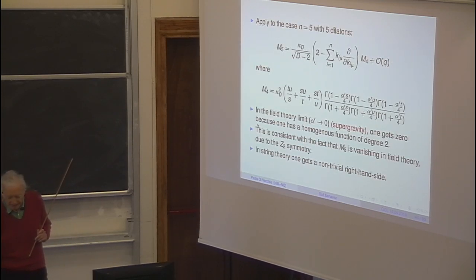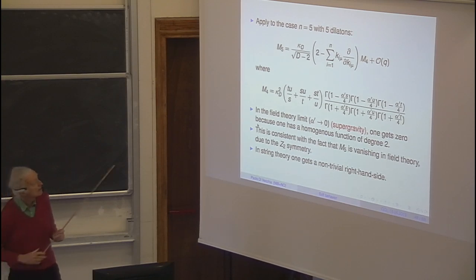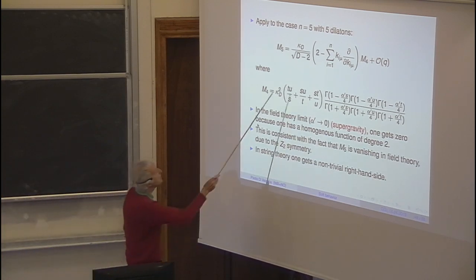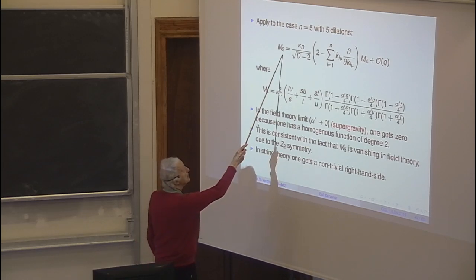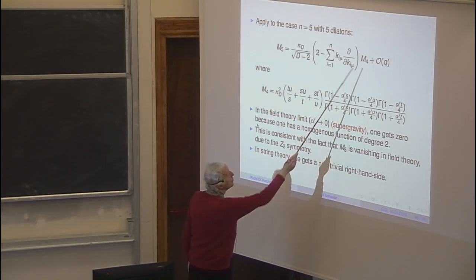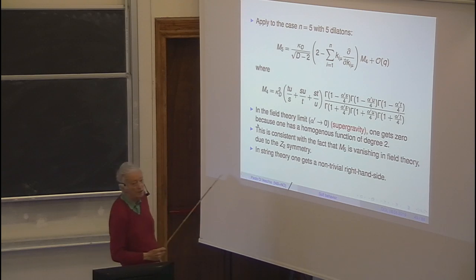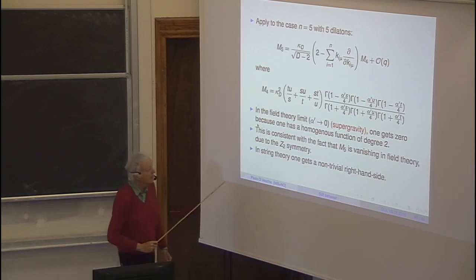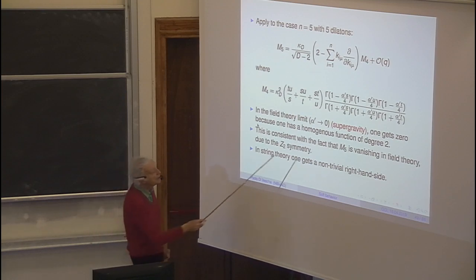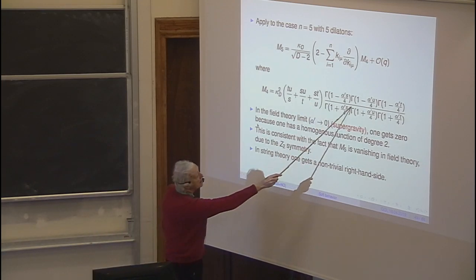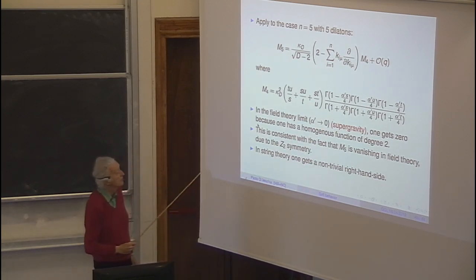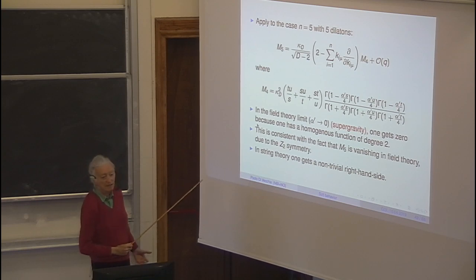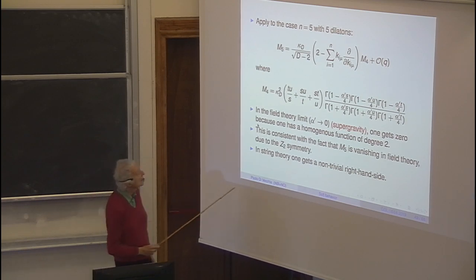Now let's apply this to the case of five dilatons. So this will be the soft theorem. This is the amplitude with a soft dilaton, and that is the amplitude without it, the four-point dilaton amplitude, which is this one. In the field theory limit, you can neglect the ratio of gamma functions, and that's the supergravity limit.